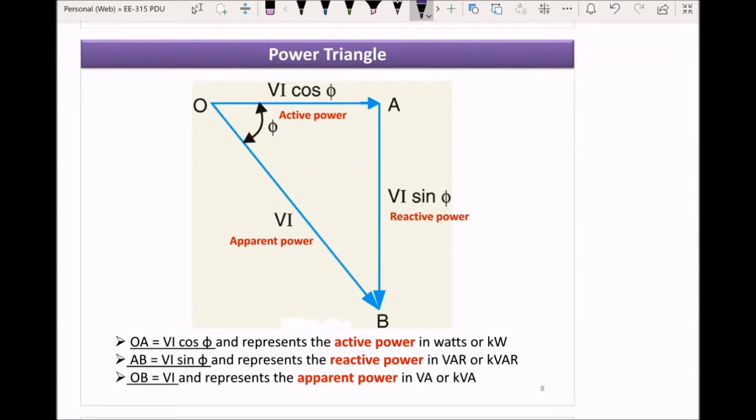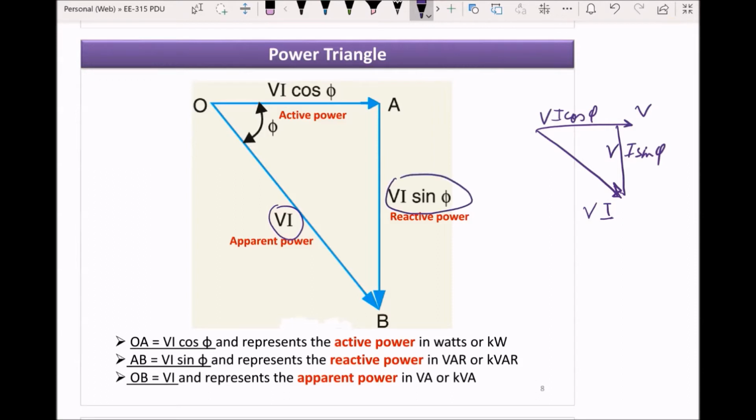If we again consider the previous phasor diagram with V and I, and we multiply the current vector by the voltage, this will give the power triangle, because the I cos phi and I sin phi components are also going to get multiplied by the voltage.